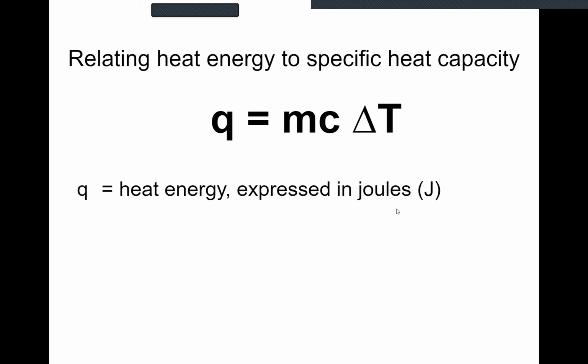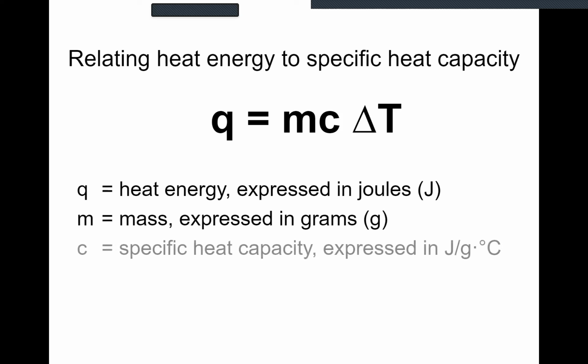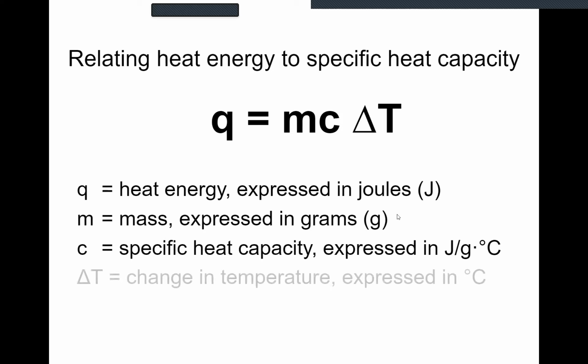That's expressed in units called joules. M stands for mass. That's expressed in grams. C is specific heat capacity, expressed in units of joules per grams times degree Celsius. It's kind of a goofy set of units. And delta T stands for change in temperature, which of course is expressed in degrees Celsius.